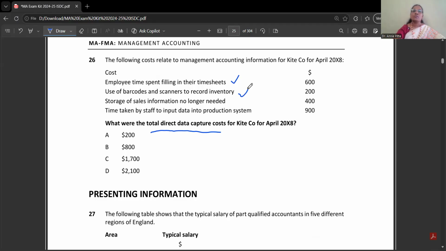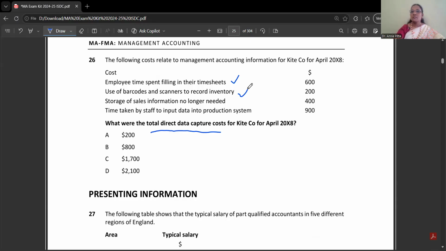Fine. Storage of sales information no longer needed. See, data is there, and then that data, when it is not needed, would be deleted. Step number 1 is that data has to be captured. This data then has to be processed. On processing, it becomes a usable format. This usable data then will be analyzed.